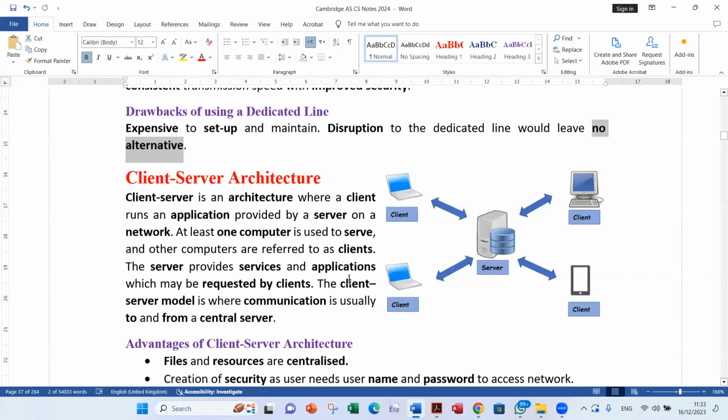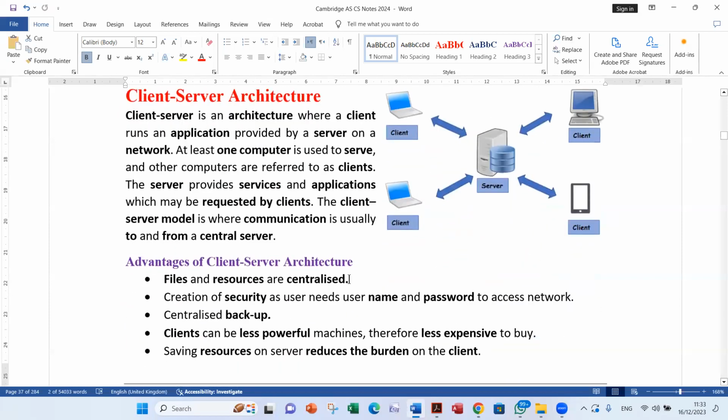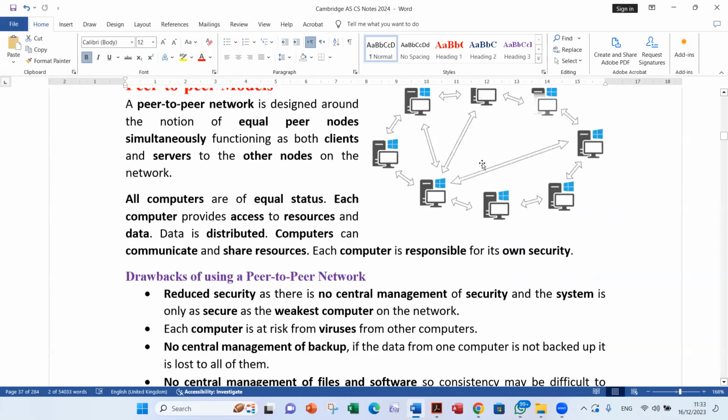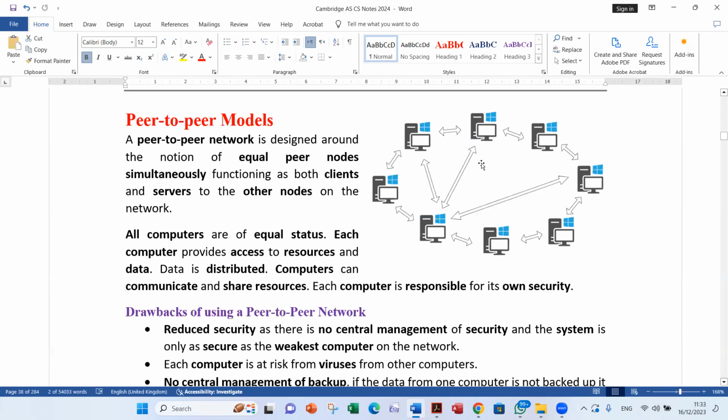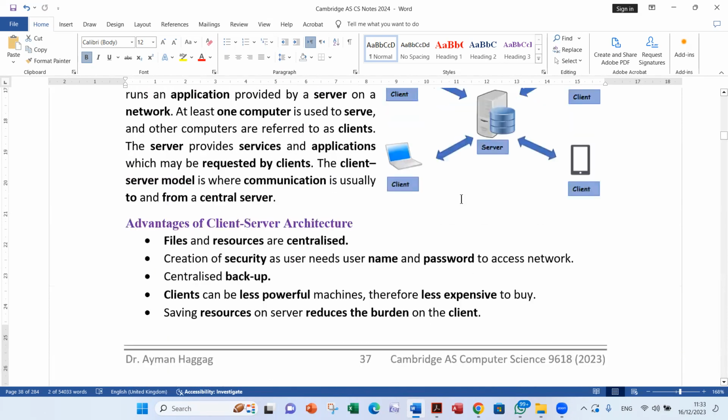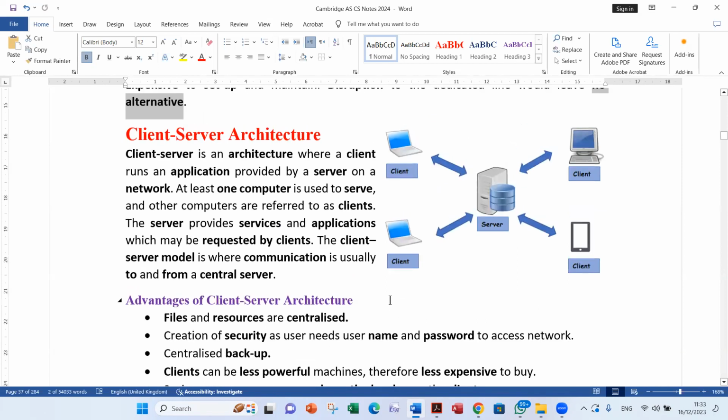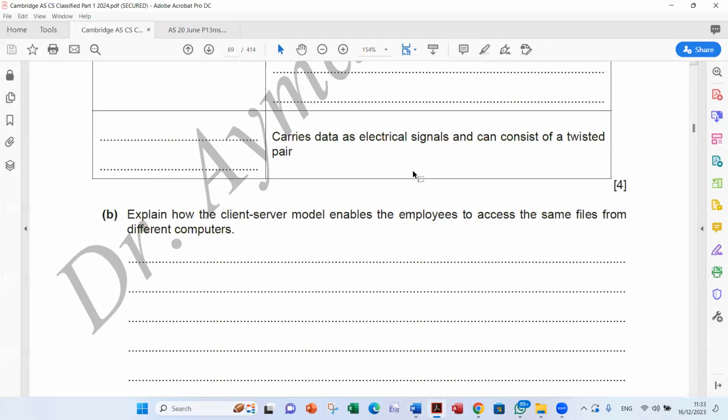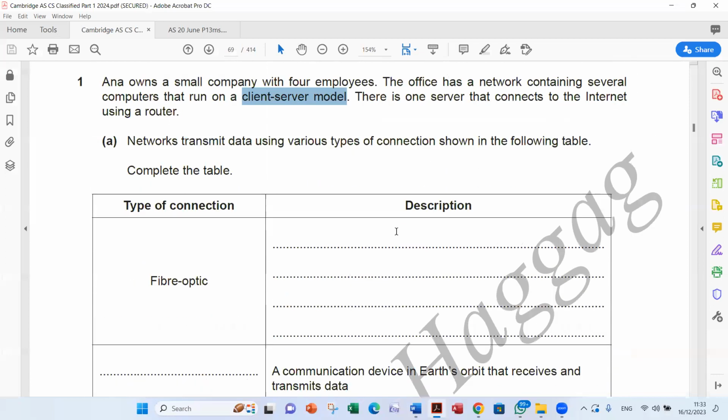This is the client-server architecture, where there is a server in the middle and all computers benefit from that server. The opposite to this is the peer-to-peer model, without a server in the middle, and computers share resources with each other. This is going to be in the next session, inshallah. So I will not be answering that part today.